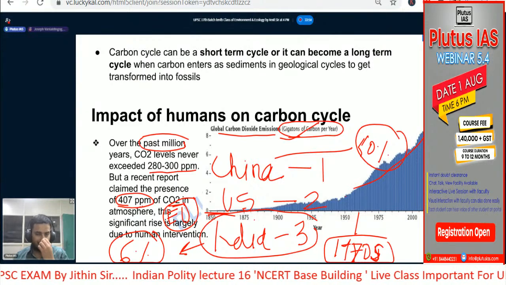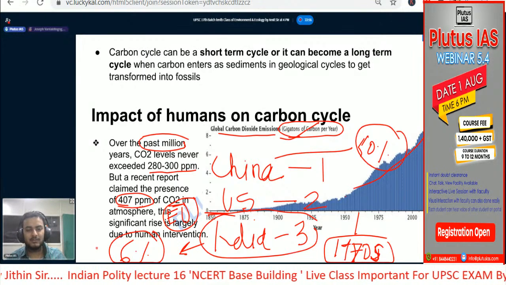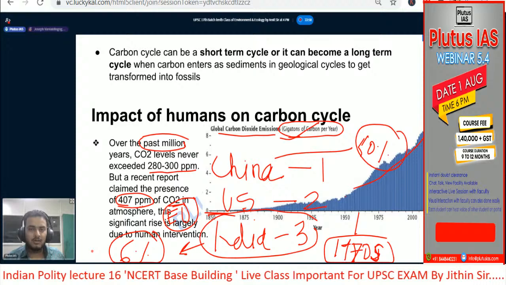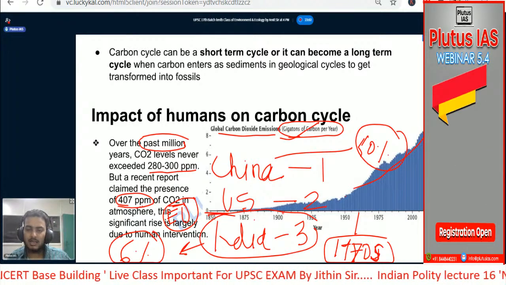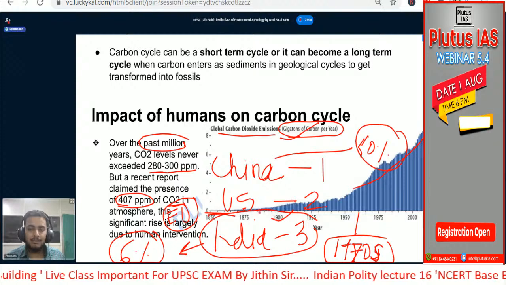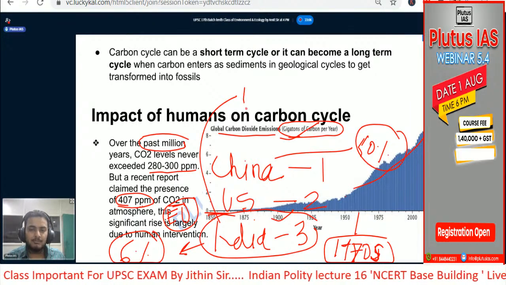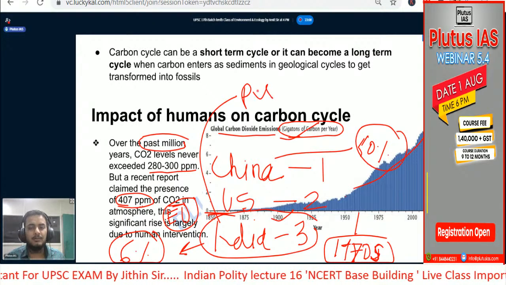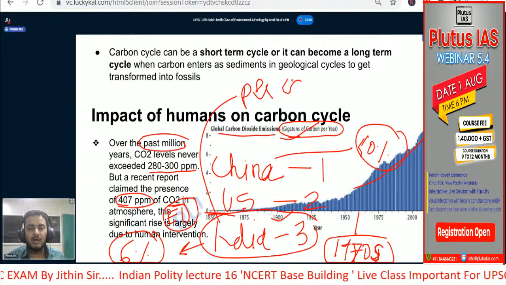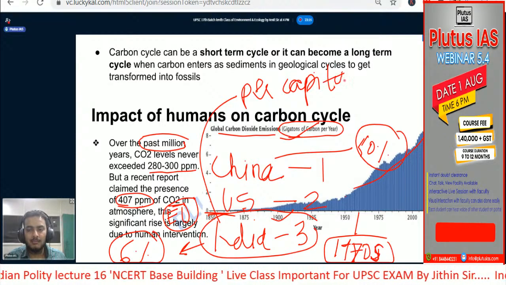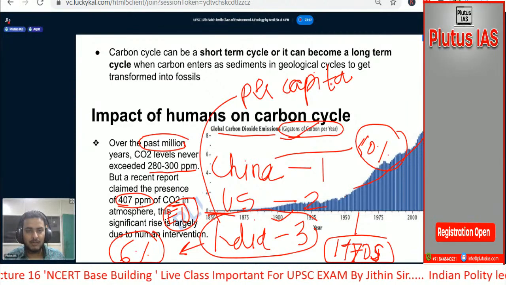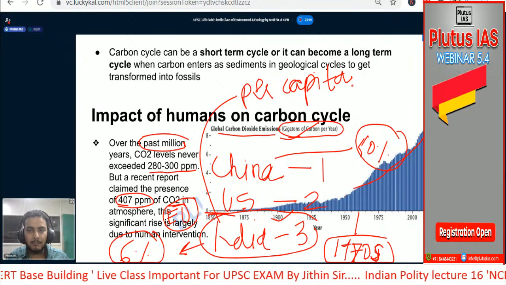So you can remember that India, with 6% of the total global emission contribution, is the third largest emitter in the world. And per capita emission is a term where we find how much carbon, emission equivalent to gigatons of carbon, is emitted per person.